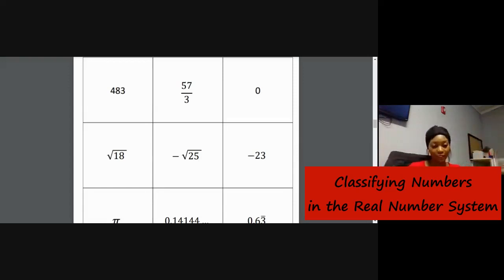So negative 5 is an integer. Very good. Next question. Is negative 5 rational? Meaning, could you rewrite negative 5 as a fraction if you wanted to?